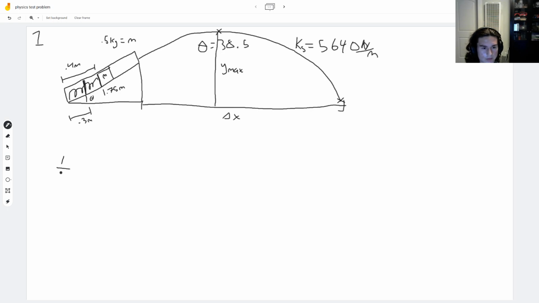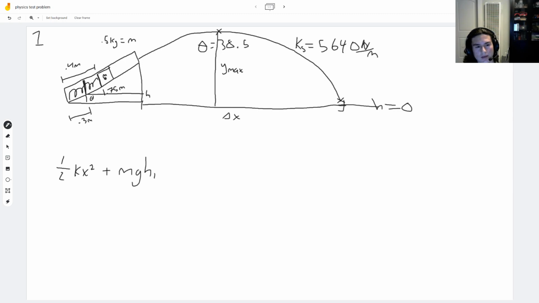I'll start with 1/2 kx squared. At the compressed length, the mass will have a height that I'll label height 1, with the reference at height equals 0. So it has some gravitational potential energy of mgh1.